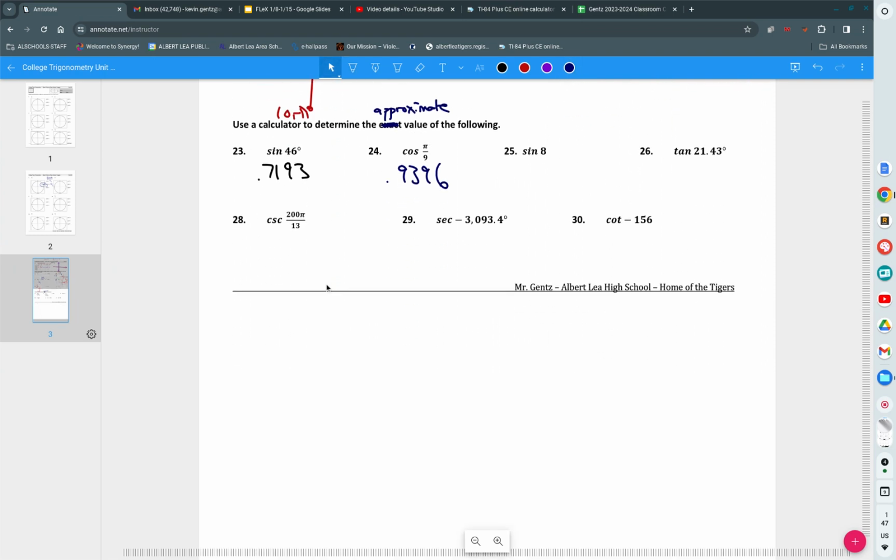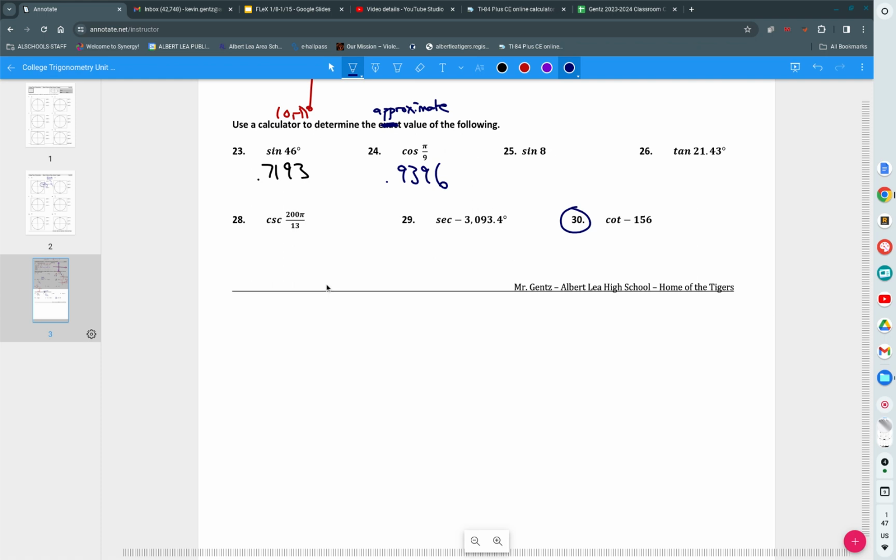I want to look at problem number 30. Is that a radian or a degree? Radian? There's no degree sign. There's no degree symbol, so it must be a radian. Let's all agree that this kind of looks like negative 156 degrees, right?